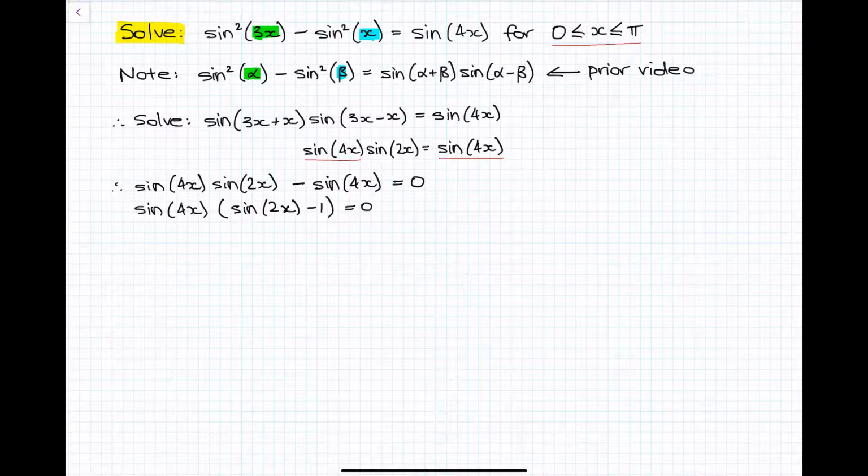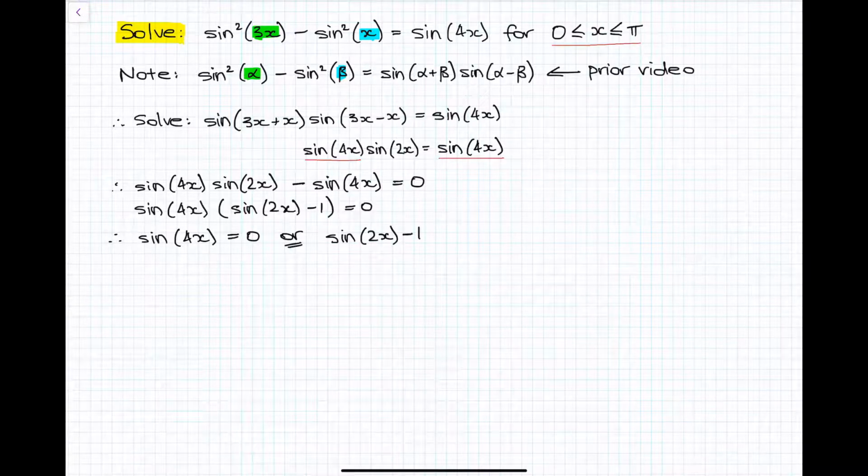And now we can say, therefore, this will be true when the sine of 4x is equal to 0, or the sine of 2x minus 1 is equal to 0, or in other words, the sine of 2x is equal to 1.